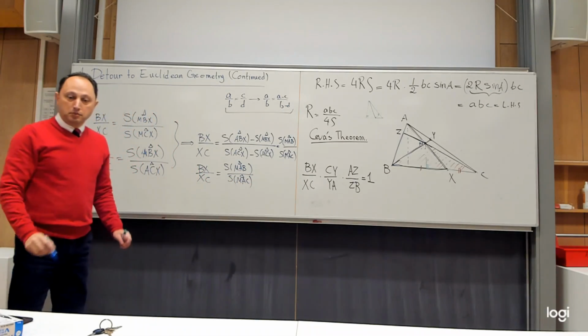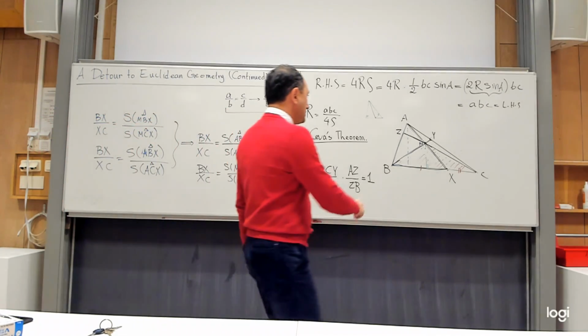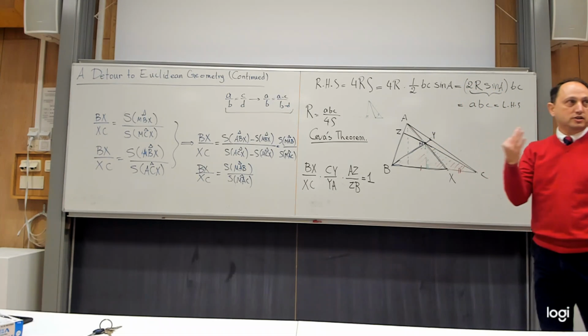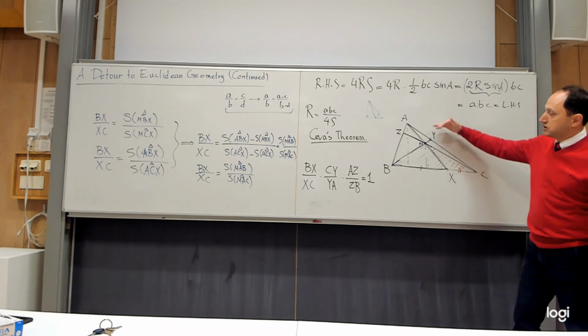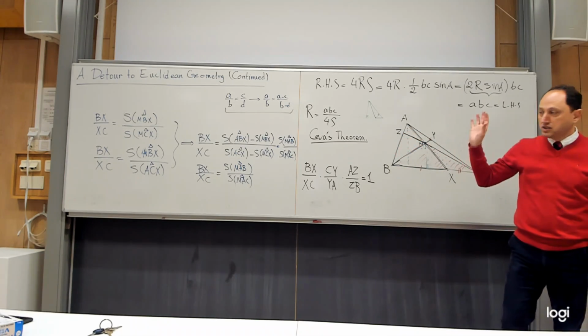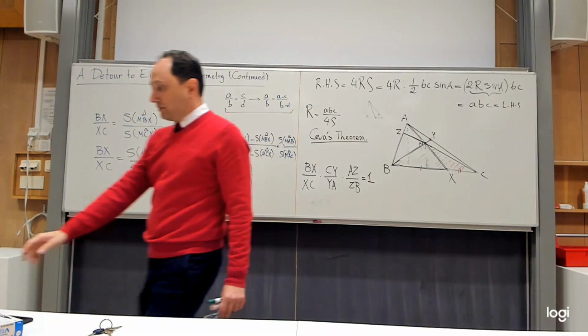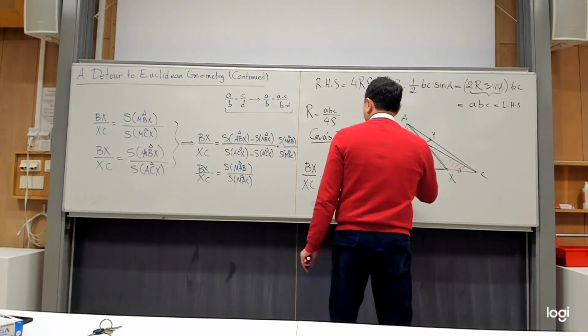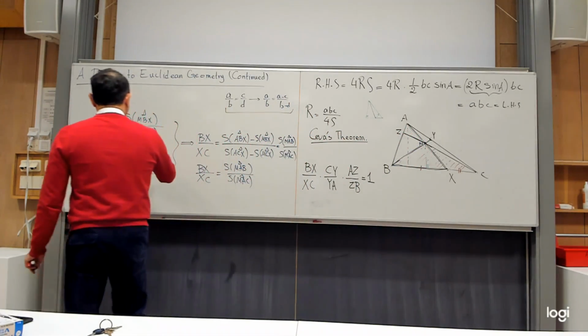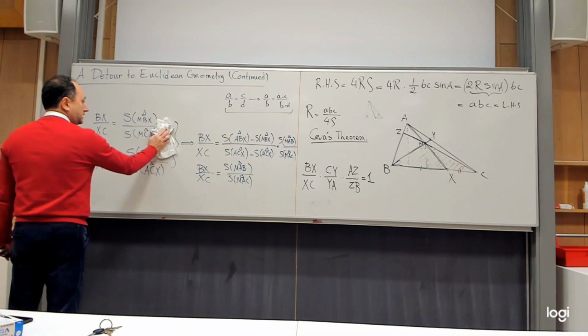Yes? But now I want you to use your intuition. You have to repeat this process two more times, yes? One for this side, one for this side, one for that side. But it is not hard to imagine what will happen. Can you tell me what will happen for the other fractions? So let me clean this one.